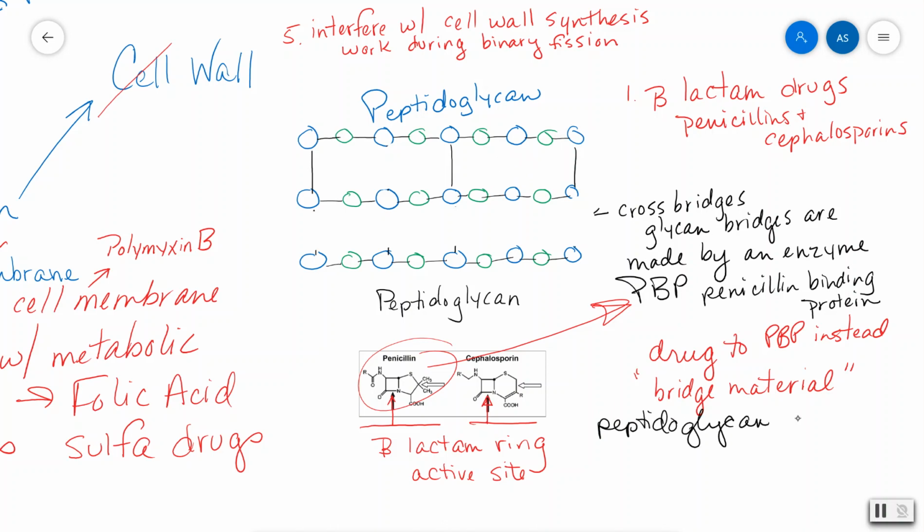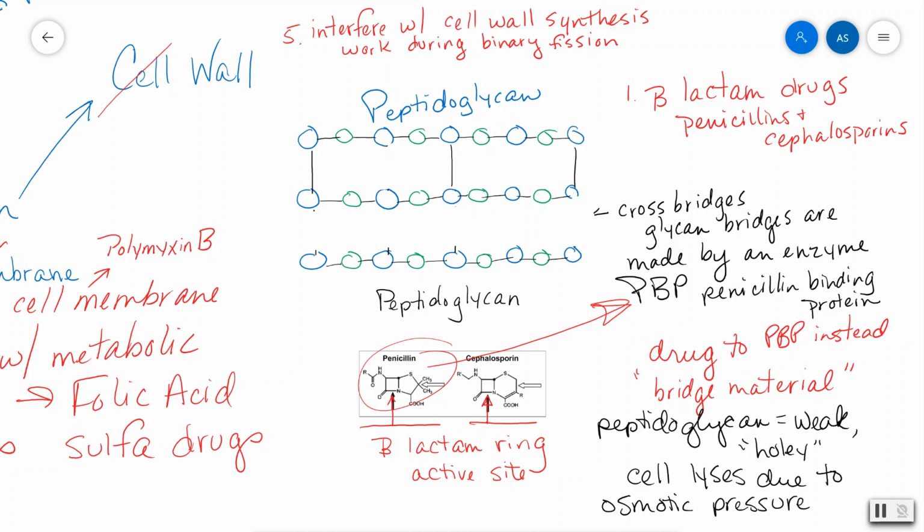I call it holy. It's got holes in it. And so then the cell lyses due to osmotic pressure. So the cell wall is weak, it can't maintain its structure, and the cell is going to rupture and die.